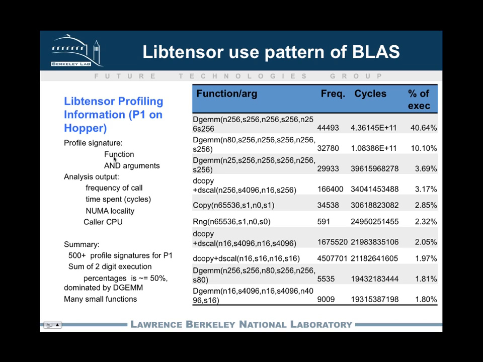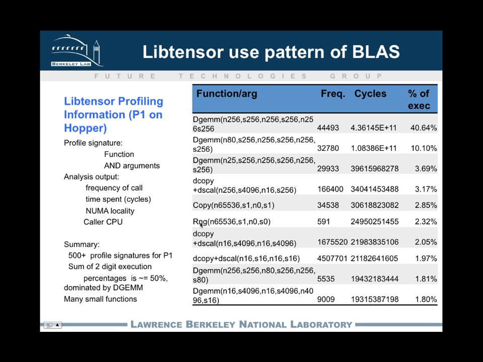For each of these, we give a separate signature. For each signature, we collect information like how many times this function with the signature is called, how much time is spent there, and does the runtime respect locality or not, especially NUMA locality.